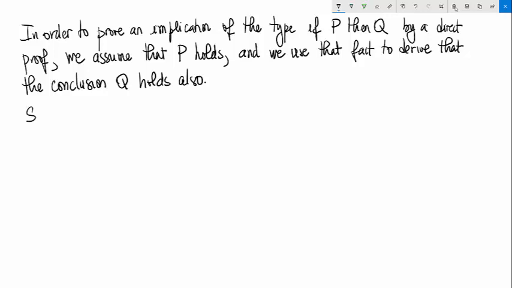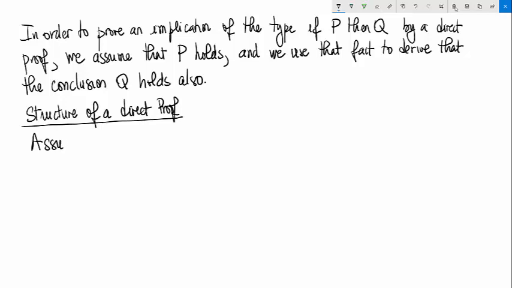So the structure of a direct proof takes the following form. You start by assuming that P holds, and you use that hypothesis. P is your hypothesis, and you use it to derive that Q holds.